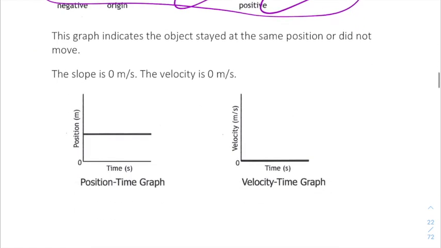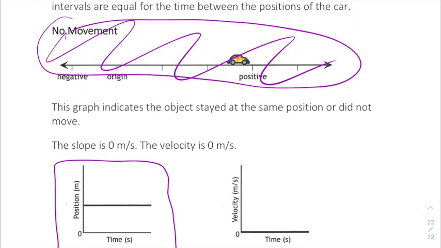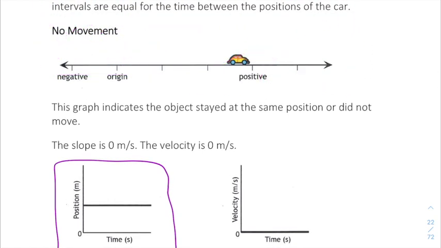Okay, so let's look at this graph here. So here we have a graph of this is what they're trying to get at. If we had an object that is not moving, then its position stays at the same place for the whole time. Imagine this car is sitting here and it's not moving.